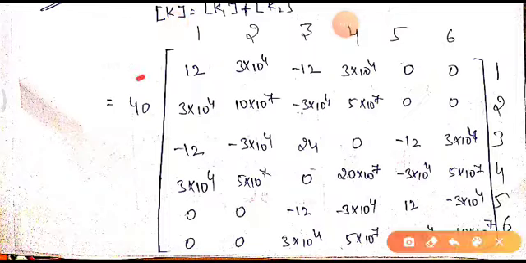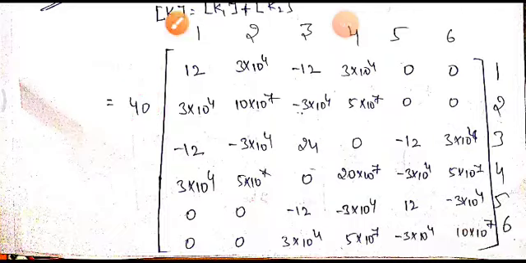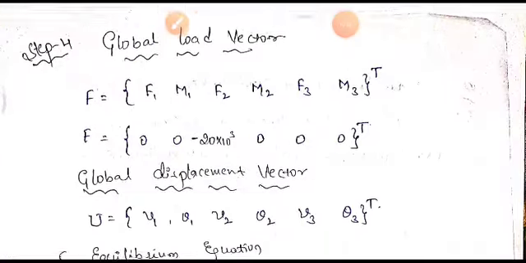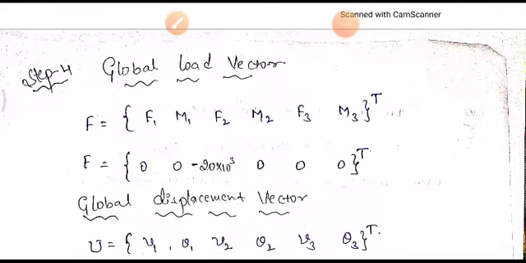Here 10 raised to 4 is common for both the matrices, so there is no need of worrying about this 40. And here we have a 6 by 6 matrix because we have 3 nodes and each node has 2 displacements, so we get a 6 by 6 matrix as the global stiffness matrix. Once you form this global stiffness matrix, then we need to form the global load vector.